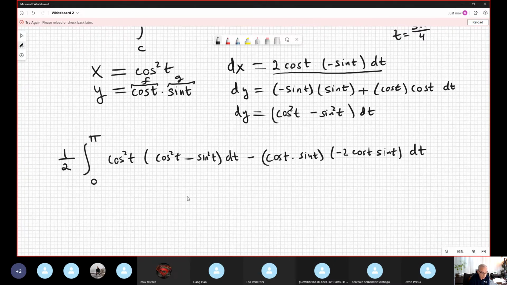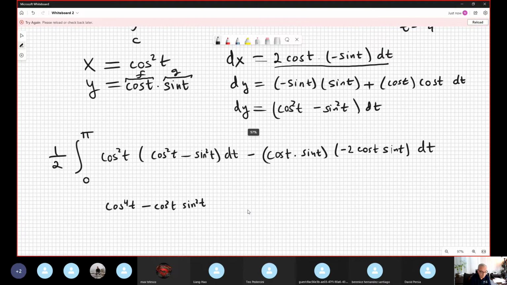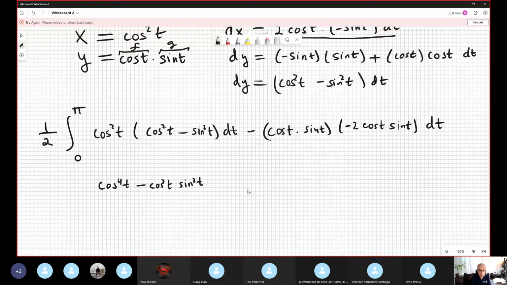The result is cosine to the 4 power t, minus cosine squared t times sine squared t, plus, because we have a double minus, 2 cosine squared t sine squared t.